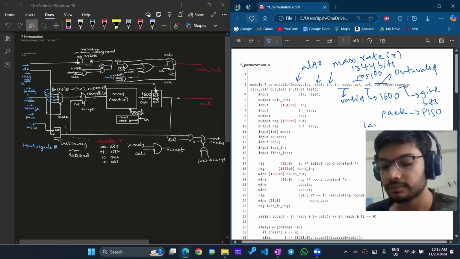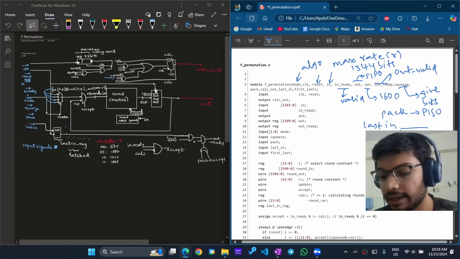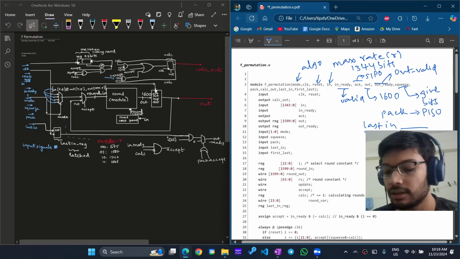Last in is a signal which says if it is still taking an input based on is last, and the CPO is loaded. So this last in is latched and has a delay of one clock cycle.